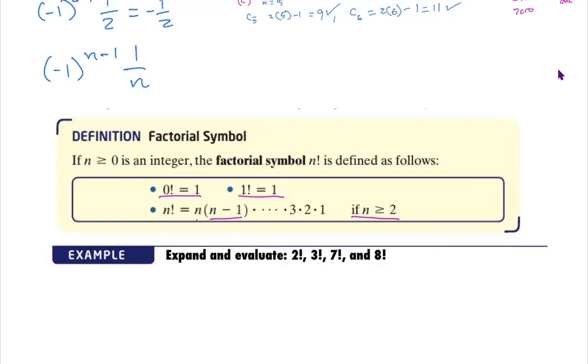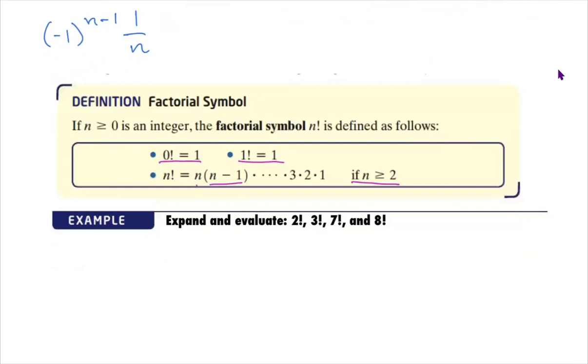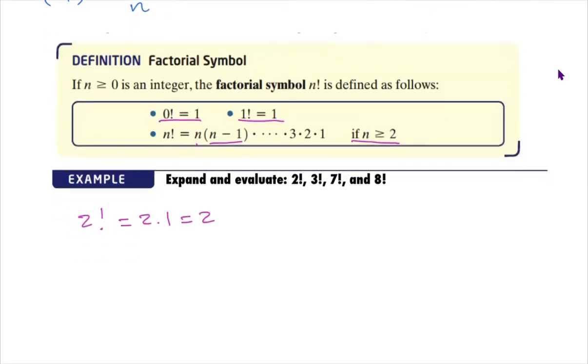So if I'm looking for the factorial of 2, it's going to be 2 times 1, or 1 factorial. It's 1. So that's why you can stop at 1. So factorial of 2 is 2. Now factorial of 3 is 3 times 2 times 1, which is 6.